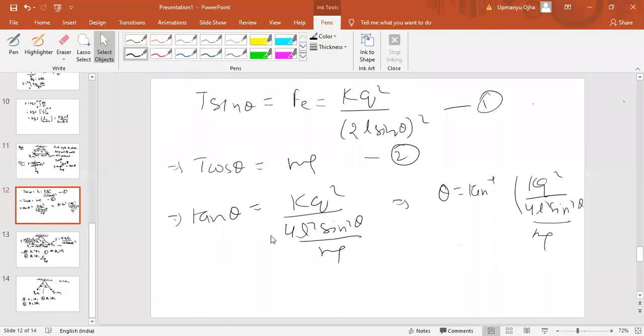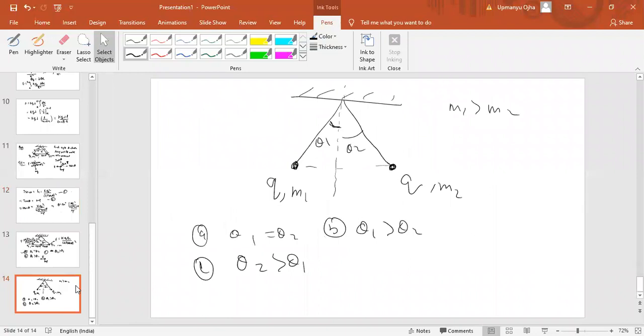Whose mass is more, theta will be less. So from here we can say that theta 1 should be lesser than theta 2.